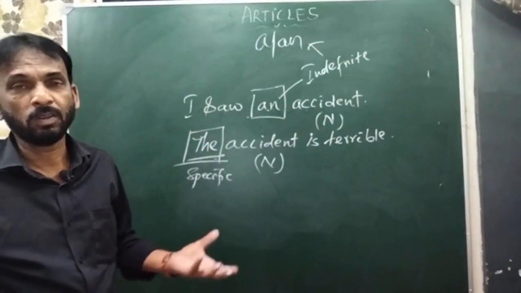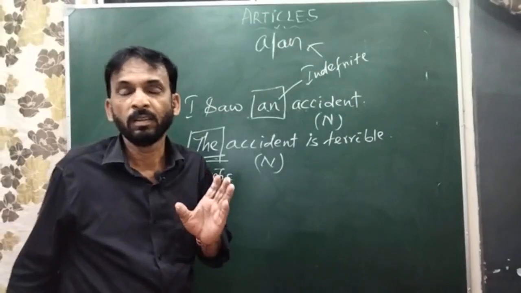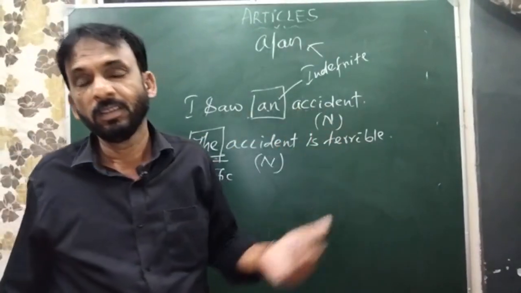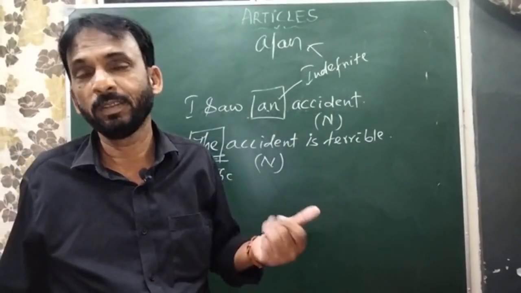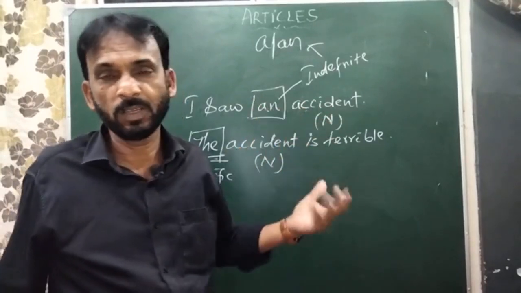So what you have learned from this: when our listener didn't know about that noun, here the accident, or if the noun is different, for example a watch, whatever it may be, we have to use the article according to the first letter.